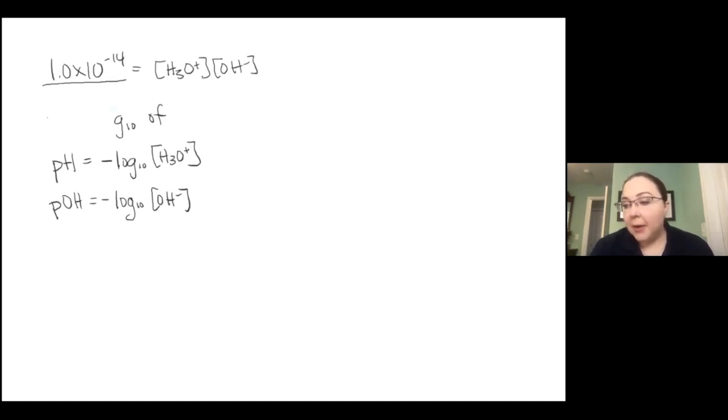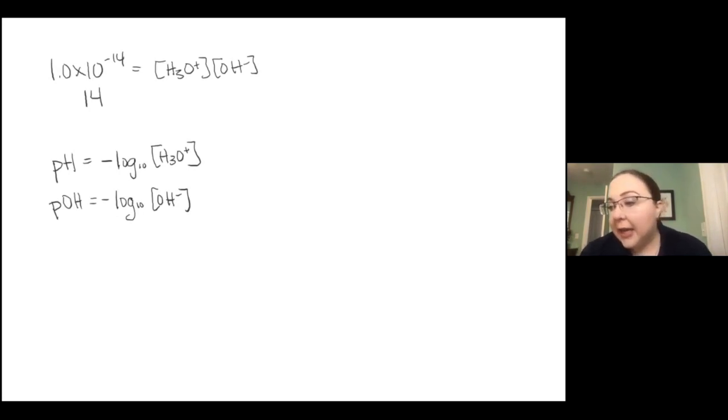So now what I want to do is just rearrange this top equation here. And we're going to take the negative log of both sides. Okay, so I'm going to do the negative log of 1 times 10 to the minus 14. That is 14. Like I just said, negative 14 is the log. The negative log will be 14.